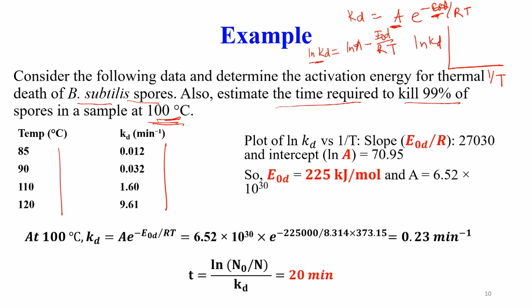So, if you plot ln Kd and 1 upon T, then the slope will be E naught upon R and the intercept will be ln A. So, from there we got the value of E naught d as 225 kilojoule per mole and value of A as 6.52 into 10 to the power 30 as a constant value.